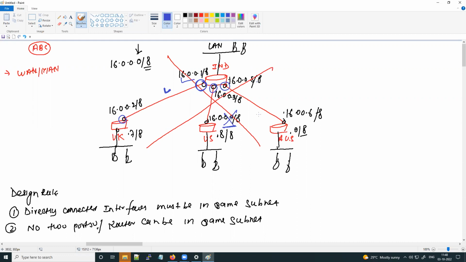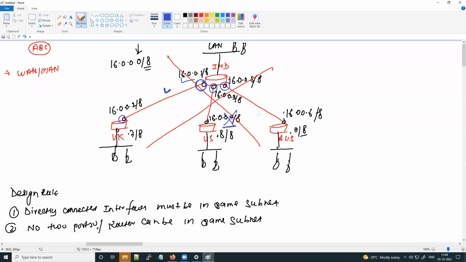If they want to connect, they must be connected over the WAN and MAN technology. And if you want to go for the MAN and WAN technology, we have to consider the design rule. There are two rules in the design. The first is directly connected interfaces must be in the same subnet, and no two ports of a router can be in the same subnet.